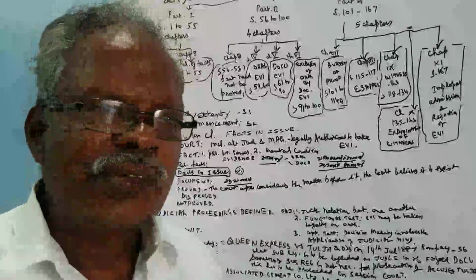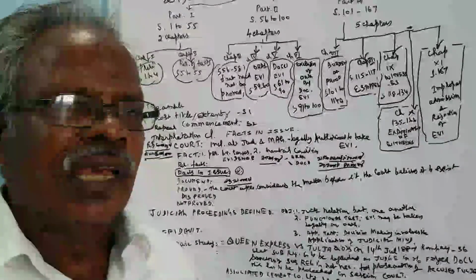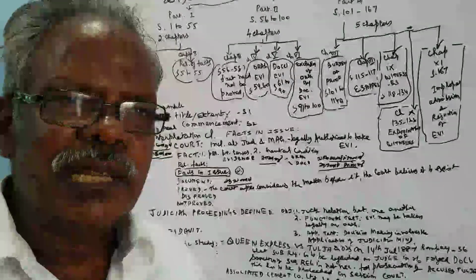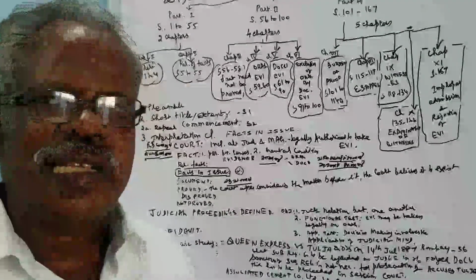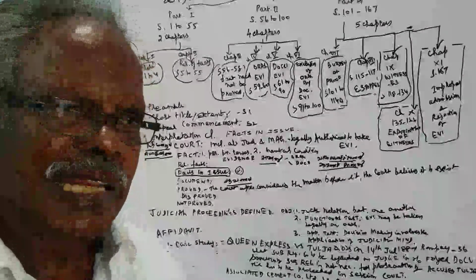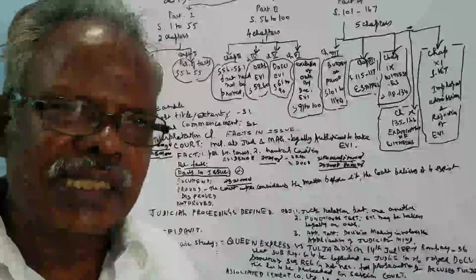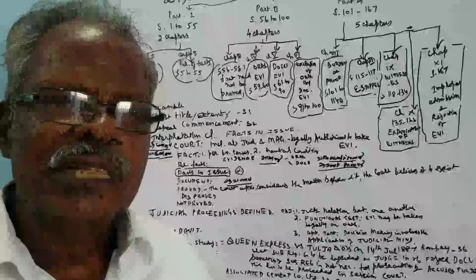The Indian Penal Code is substantive law. Procedure law describes the procedures to be adopted to finalize a case: the investigation, inquiry, the giving of charge sheet, then the trial, and finally coming to the conclusion and giving the verdict.